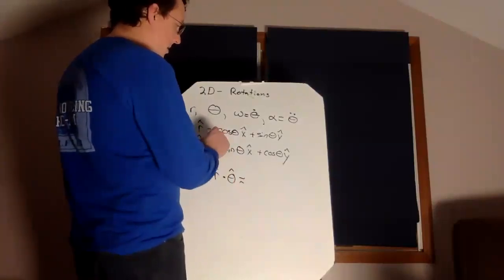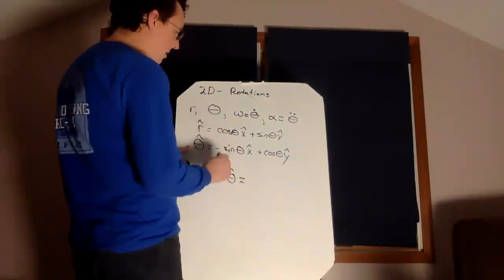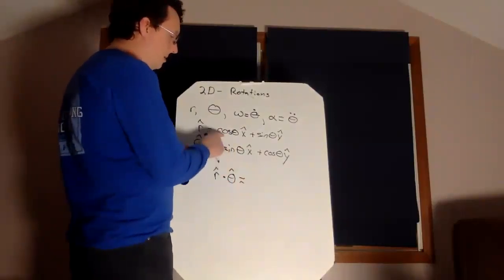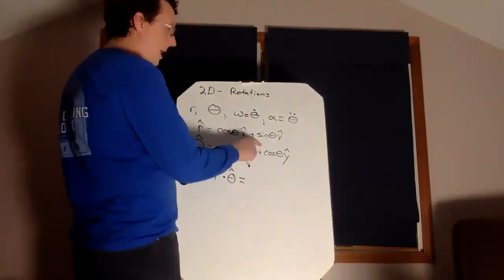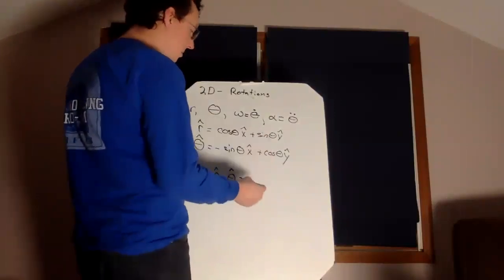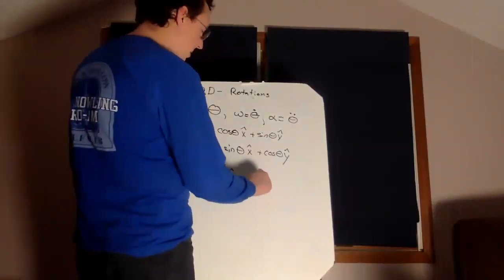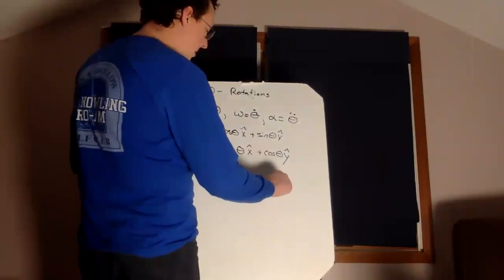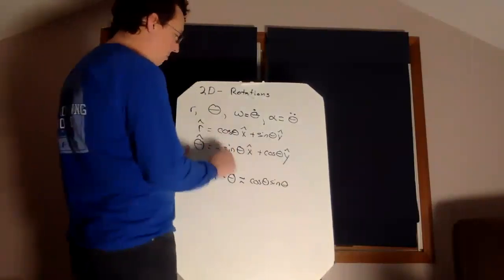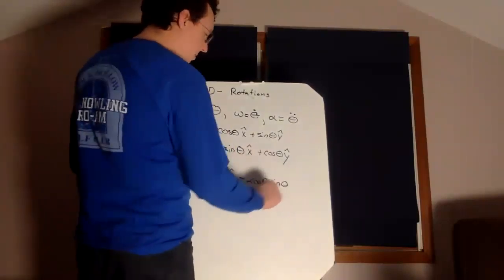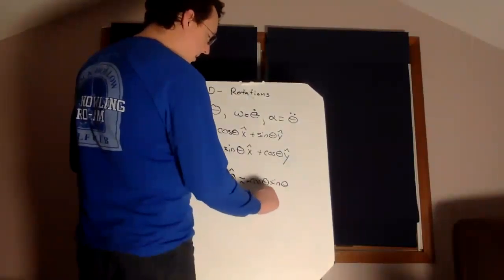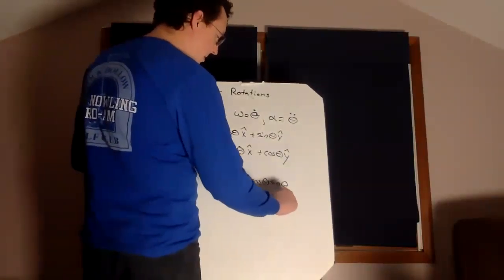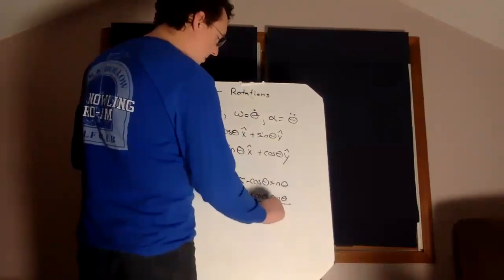And let's see. So I take the dot product. That means I multiply the x components, and then I add that to the product of the y components. So that becomes cosine theta sine theta with a minus sign plus cosine theta sine theta gives 0.